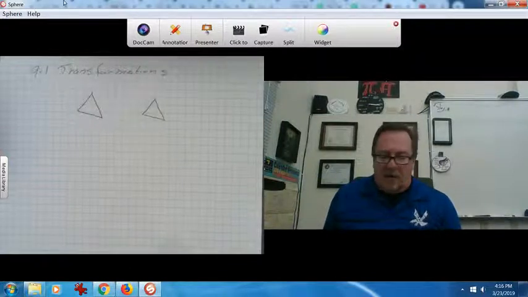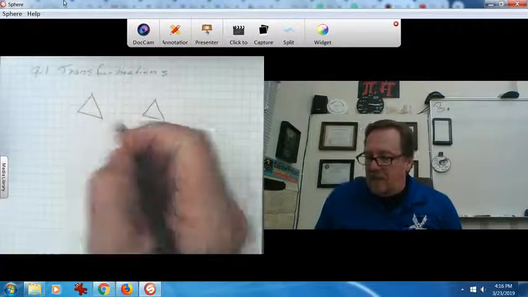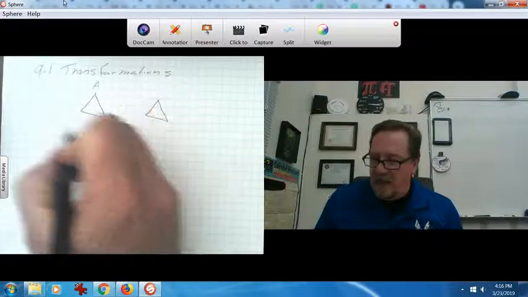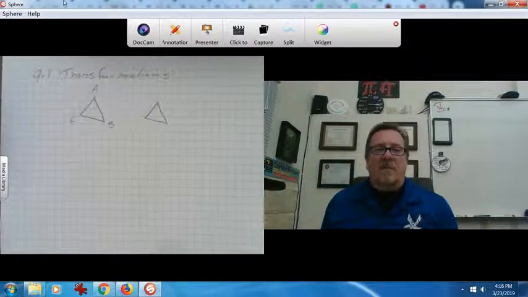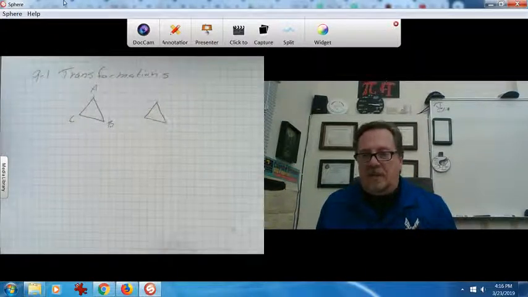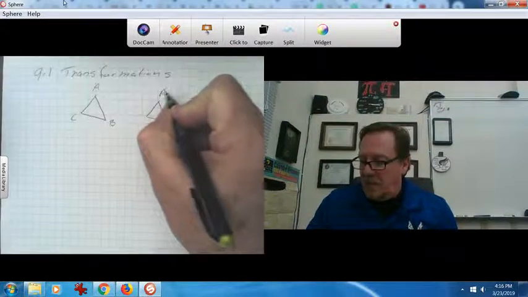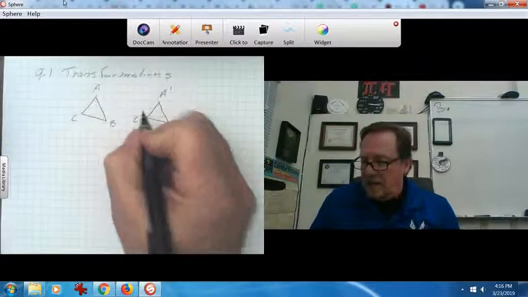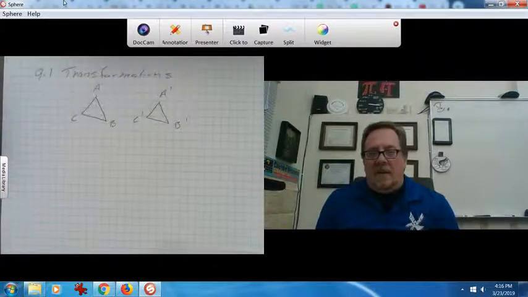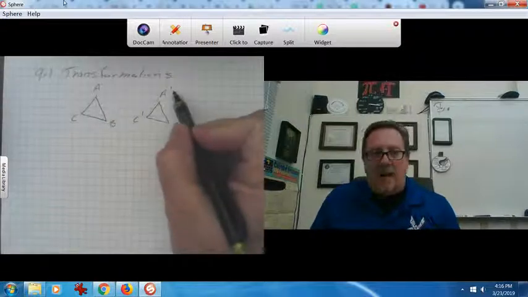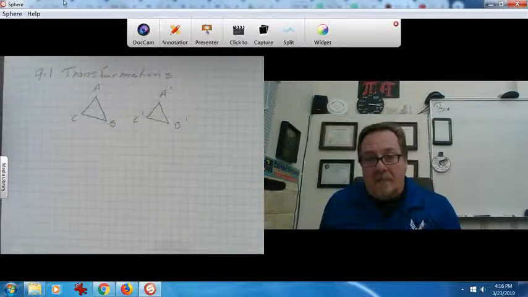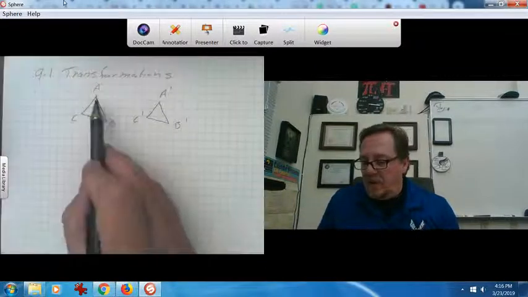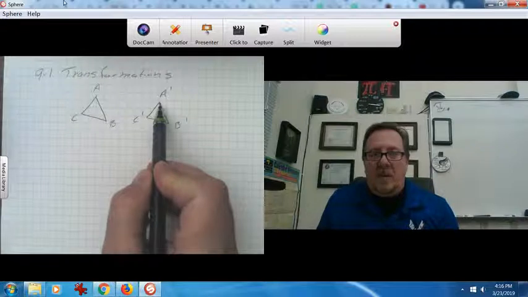Now also notice that the pre-image and the image would match up. If this is A, B, and C for the points of the vertices, after it's been translated, we're going to call these points A prime, B prime, and C prime. Notice we put these little marks afterwards, and we call that prime. So A has been translated from its original position into a new position that we call A prime.